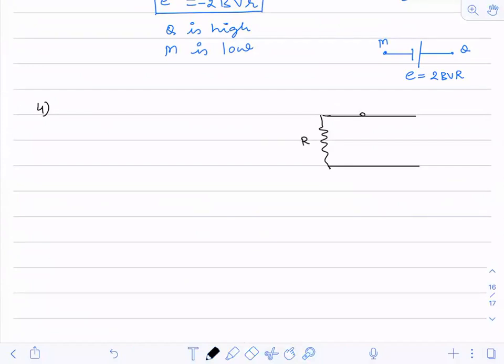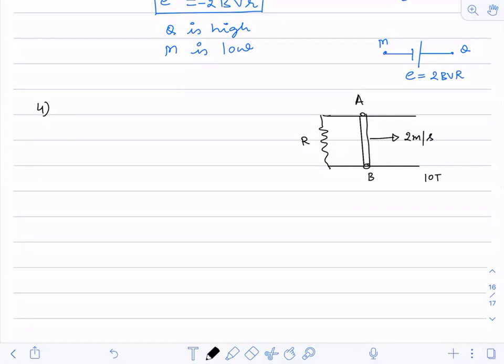And this is a rod over here. AB is the rod. It moves in this direction with the velocity 2 meters per second. Magnetic field value is 10 Tesla.